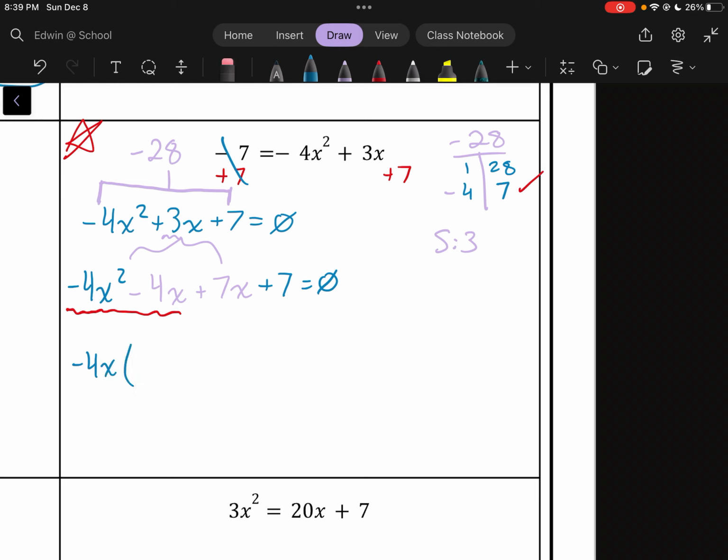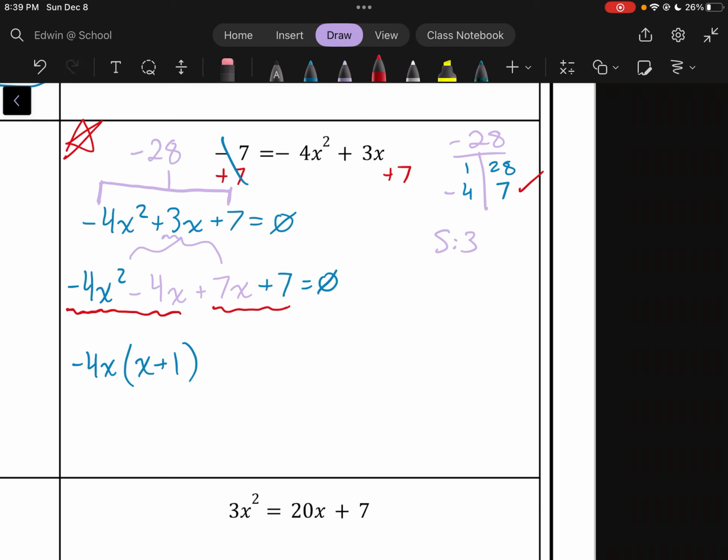So we could factor that out of both of those terms, and when we do that, we're left with +x and +1. I'm dividing this -4x by this -4x, and we end up with 1.